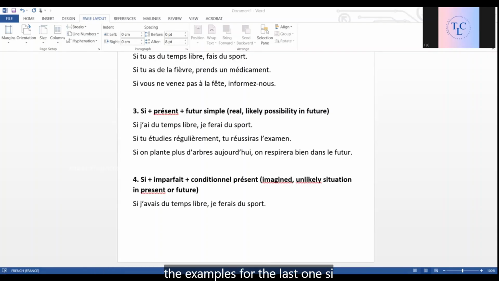And then the examples for the last one. Si j'étais à ta place, je m'inscrirais à ce cours.